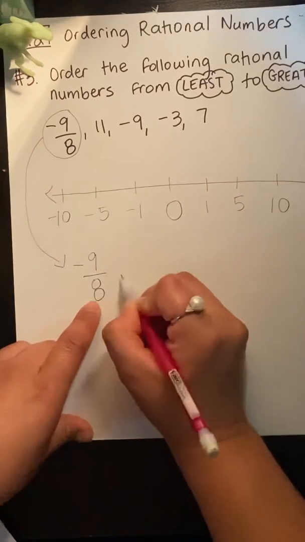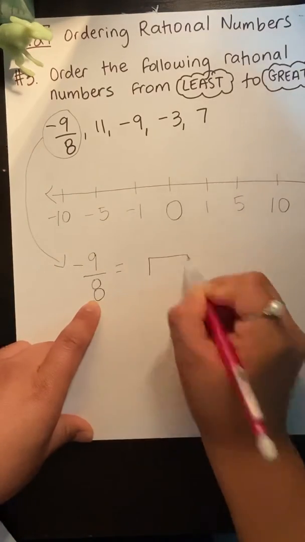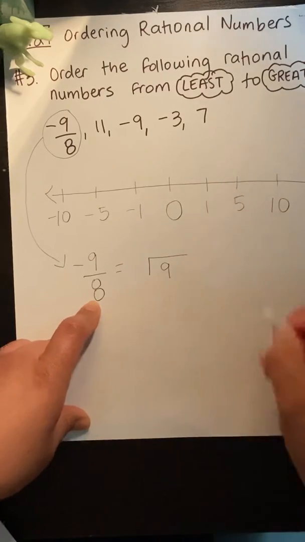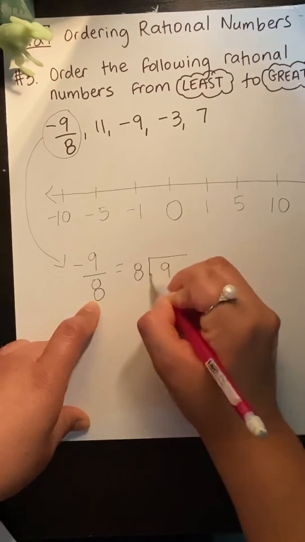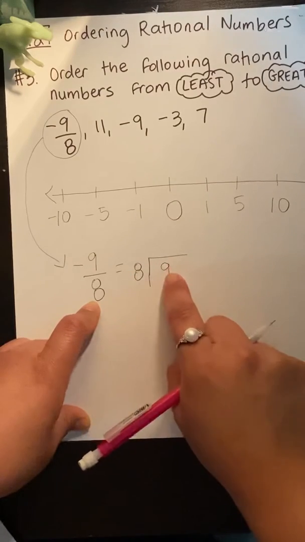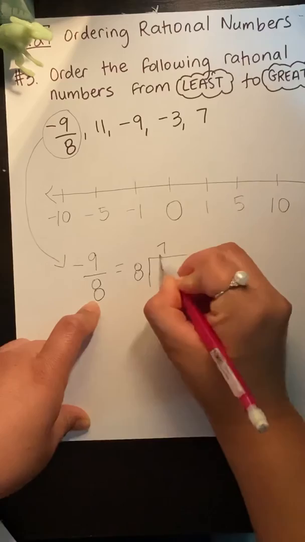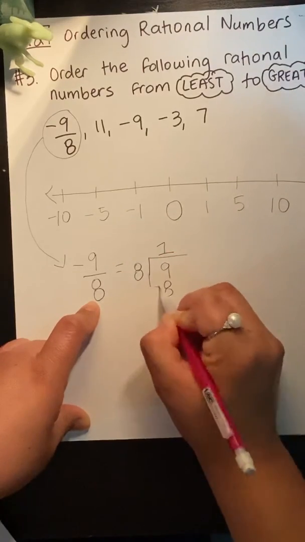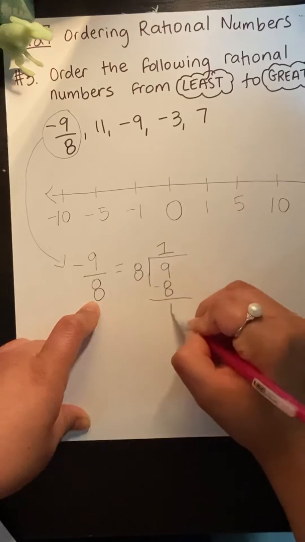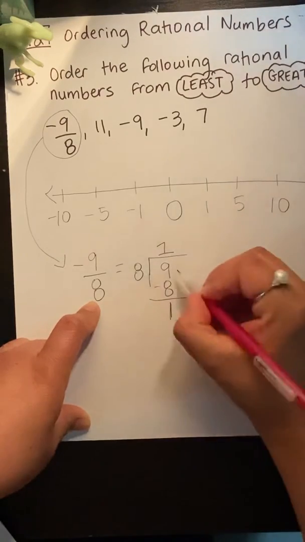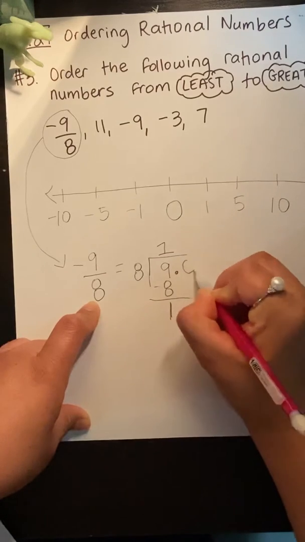And when I use long division, the 9 will go inside the house, the 8 will go outside. And now I have to think, how many times does 8 go into 9? That is once. 8 times 1 is 8. 9 minus 8 is 1. I have a remainder of 1, so I can add a decimal here and a 0.